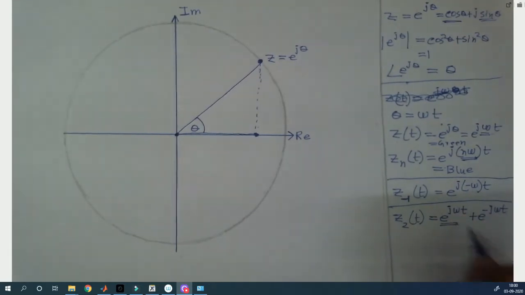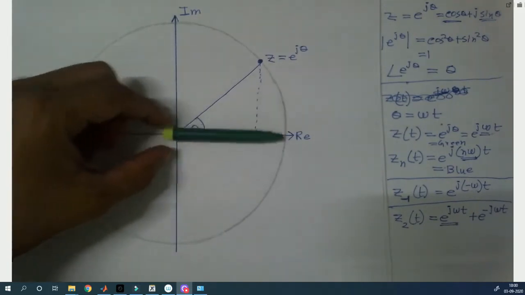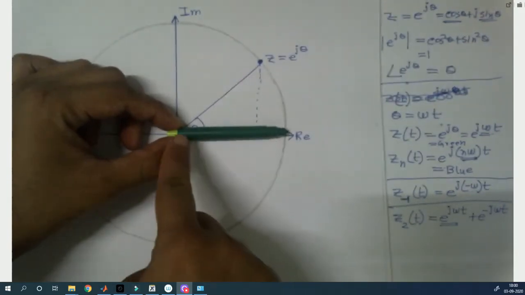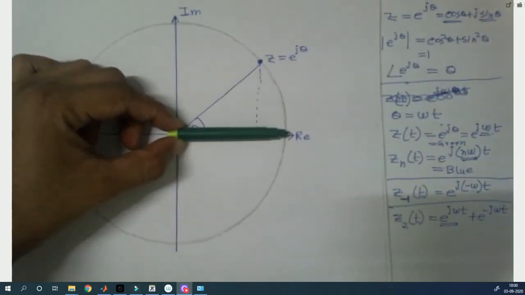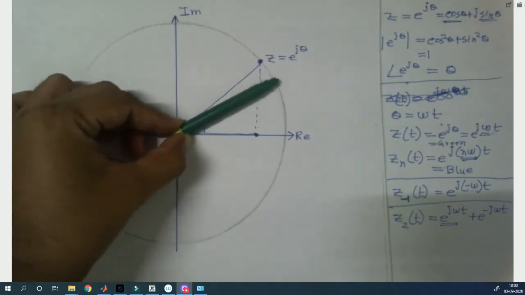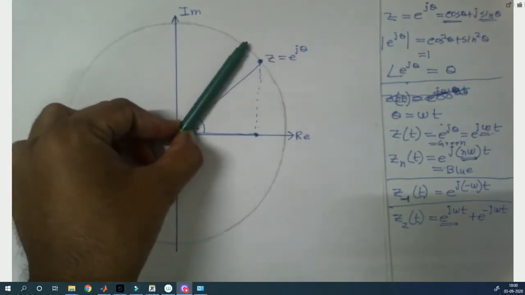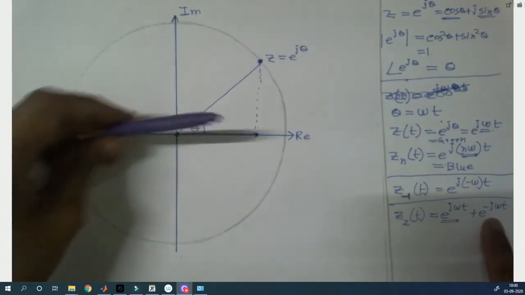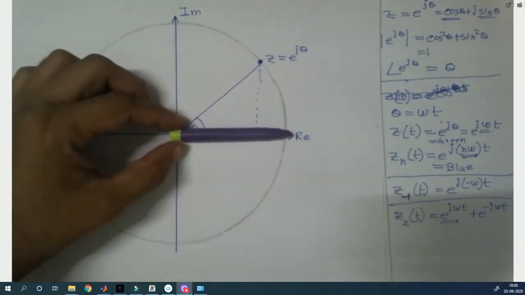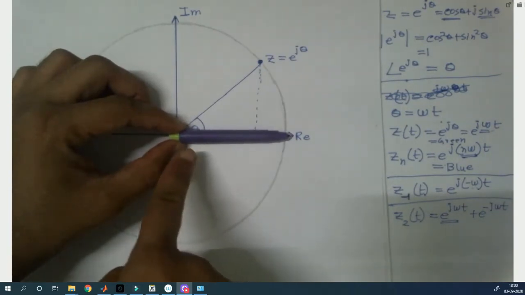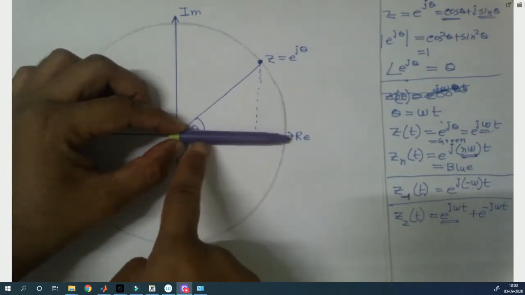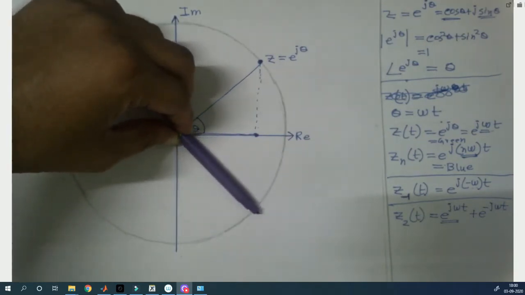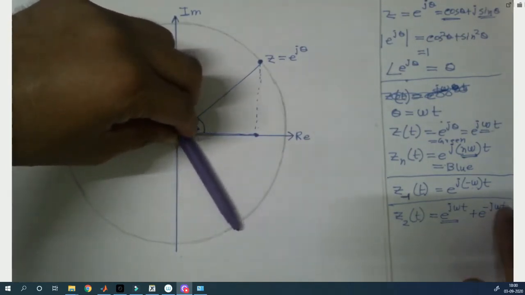The first part, which I will show with this green pen, will start from the horizontal position and as time increases will rotate anti-clockwise with angular speed of omega. Then the second part, which I shall represent with this blue pen, will start from the horizontal position at t equal to 0 and will rotate in the opposite direction with the same angular speed of omega.